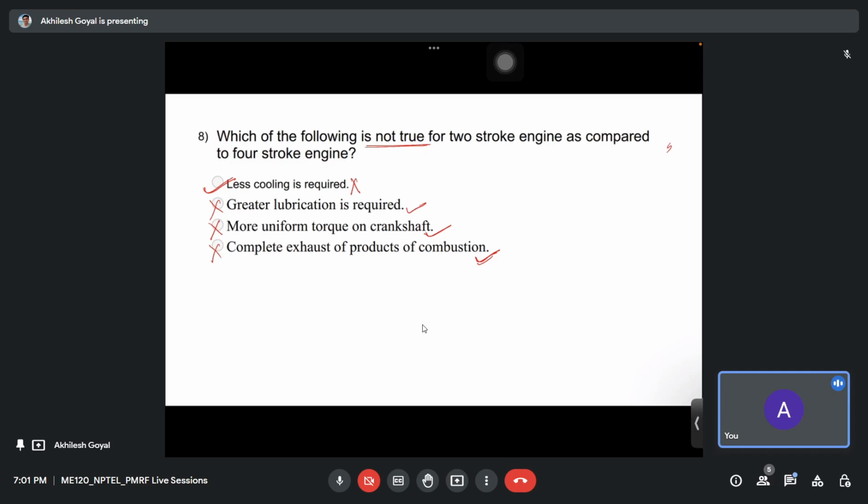So the option 1 is the correct option. Less cooling is required is the wrong option for a two stroke engine, because for a two stroke engine more cooling is required as compared to the four stroke engine. Okay, I hope you get it.